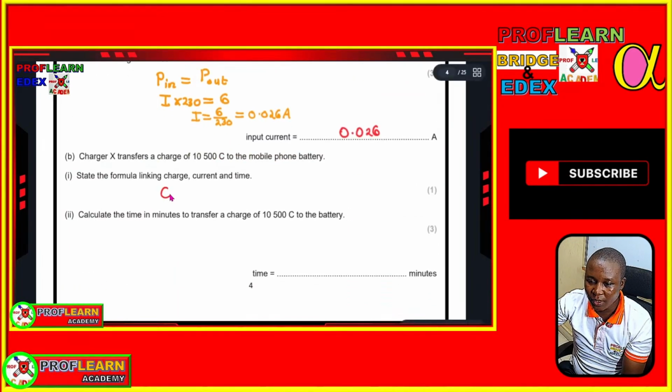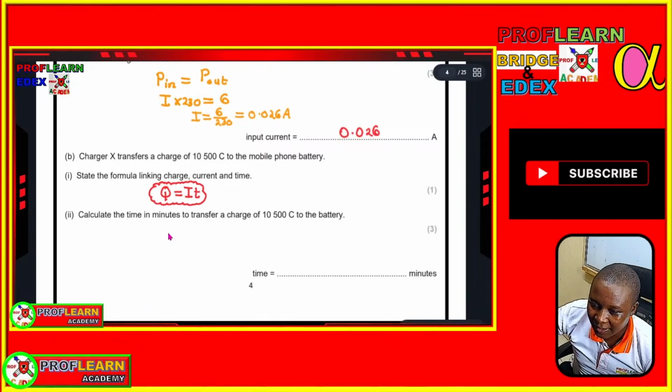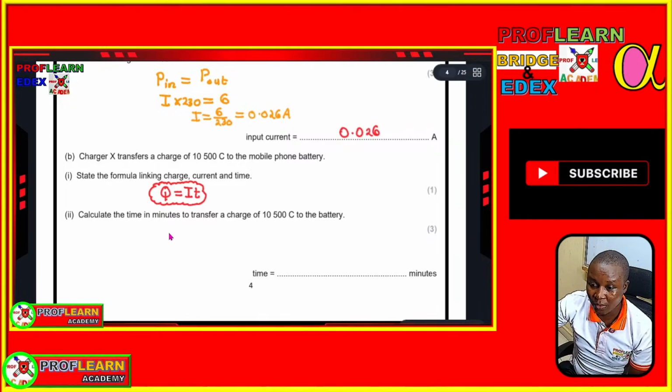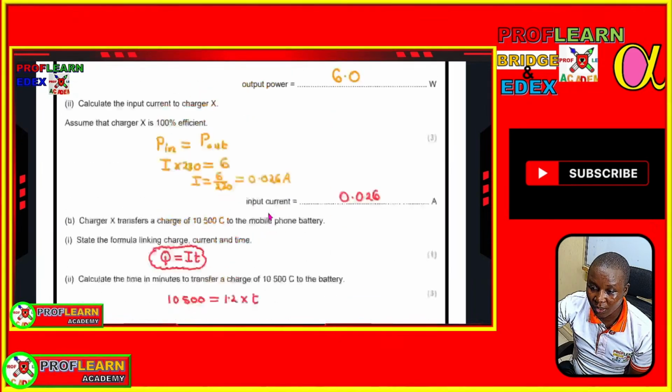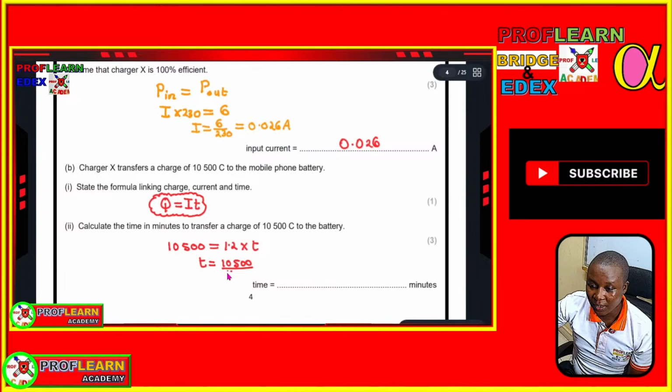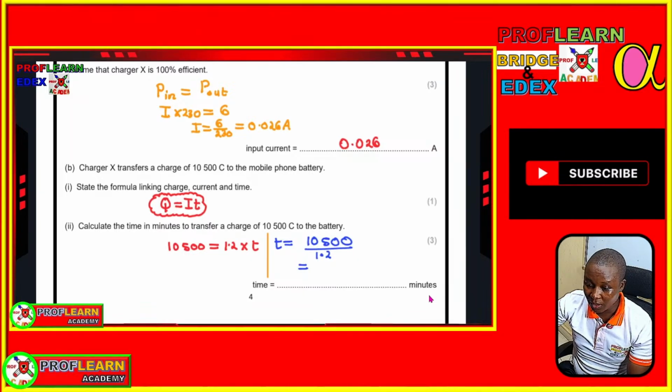They're asking for the formula, which we have already done, but this is a second part of revision on how to work out that charge is equal to I times T. We can see here we are told the time in minutes, so we need to use the current that was at the output. If we divide 10,500 by 1.2, which becomes what? If we work it out, our answer becomes 8750.